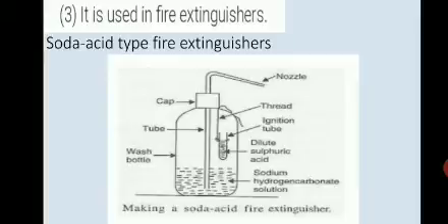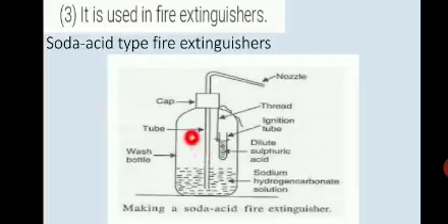So what is added in this bottle? The sodium hydrogen carbonate and sulfuric acid in separate sections or separate bottles, and when an accident occurs, we will tilt this bottle so that they mix together. While they mix together, they react and form a large amount of carbon dioxide.